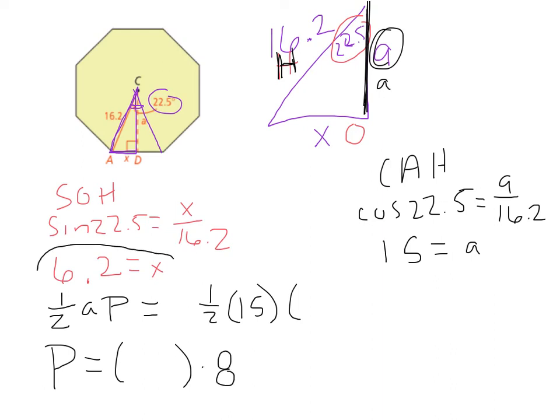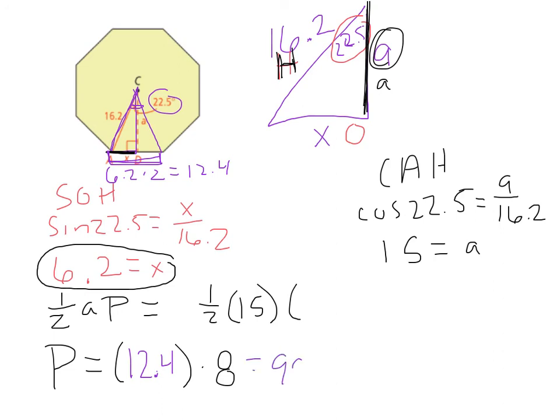I found that x is equal to 6.2, but x is just this length right here. So when you're using your side length, you have to make sure to include the whole length, the whole one side. So I actually have to do 6.2 times 2, because that's going to give me my whole length, which would be 12.4. So I'd put 12.4 into this spot, my side length.